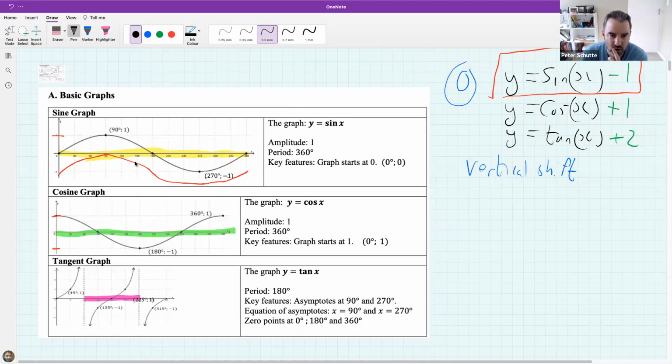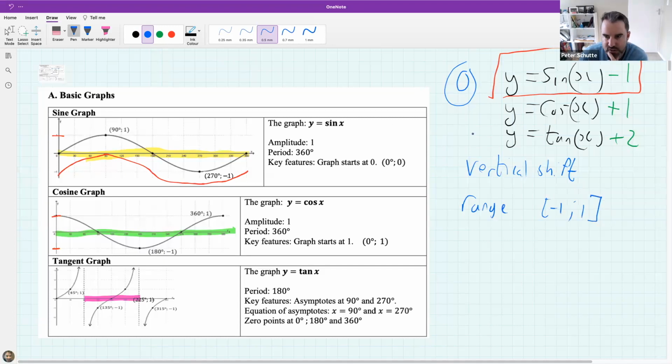Now, I want to ask you, if we have to compare these two, I'm looking at the sine graph at the moment. Now, I drew in this red one over here, but before we do that, the original sine graph, which is here, its range is between -1 and 1.